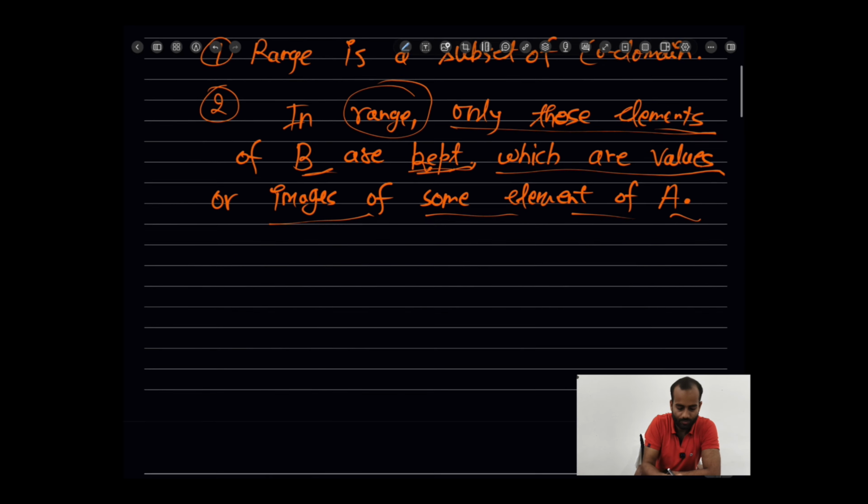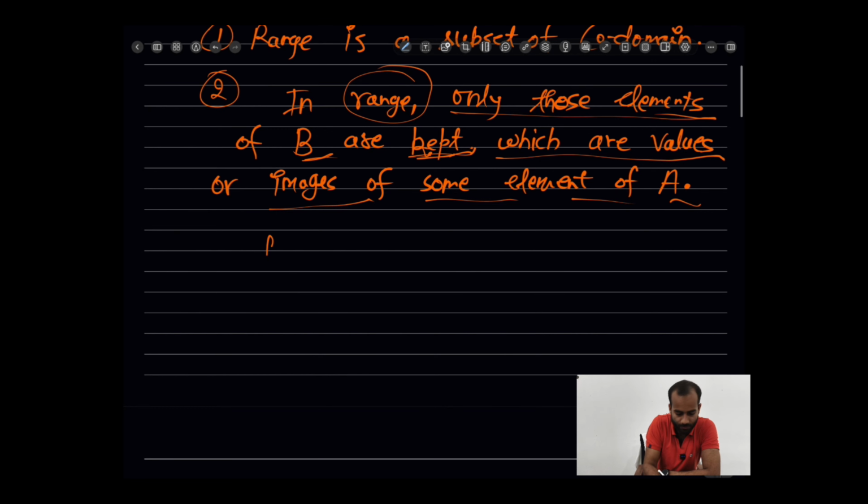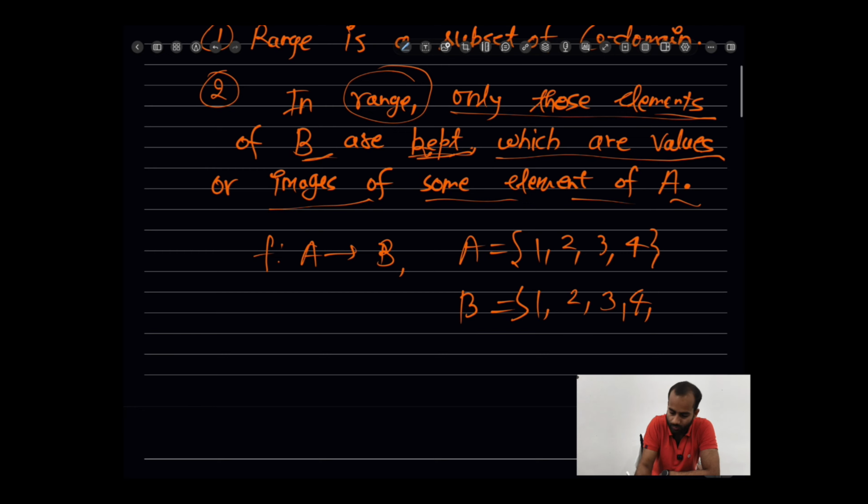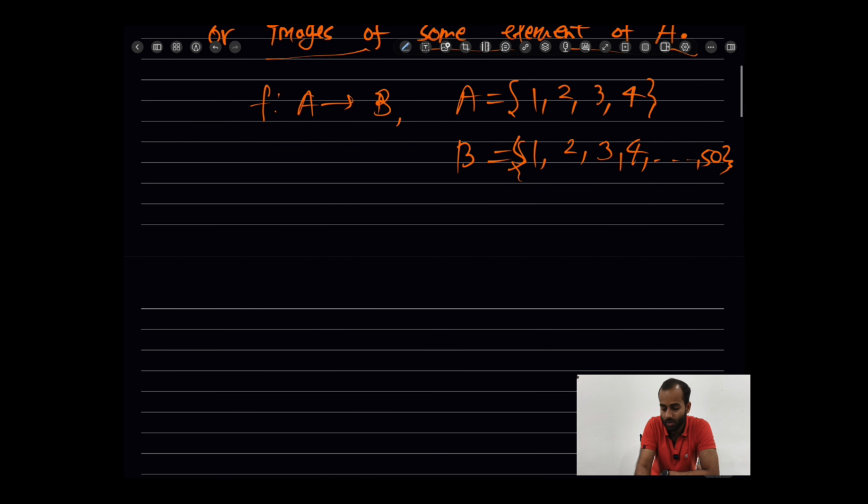For that, suppose we have a function f from set A to B, where A is defined as 1, 2, 3, 4 and B is 1, 2, 3, 4 and up to 50. So we have 50 natural numbers from the start, and A has only 4 natural numbers 1, 2, 3, 4, and the function is same as earlier, f(x) is equal x square.